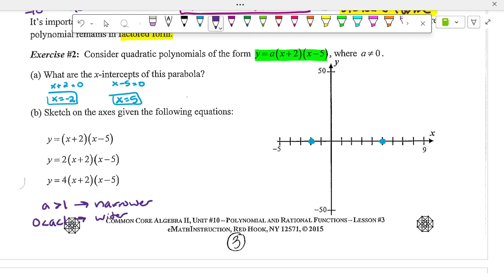So if I were to draw a generalized sketch of this graph, here's kind of what the original will look like. And again, it's not perfect. The second graph would be a little bit thinner, but it'll still go through the same x and y intercepts.